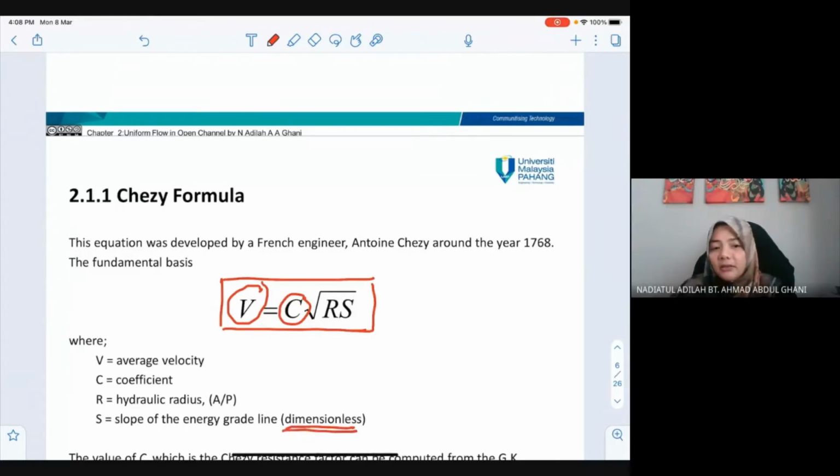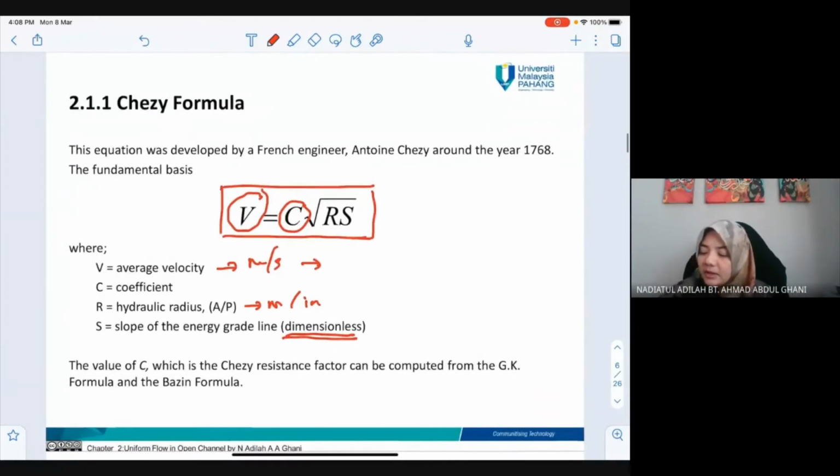For hydraulic radius, the unit is in meter, or in imperial units, it is in inch. Average velocity, unit dia adalah meter per second or inch per second.